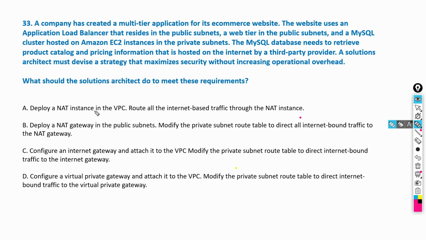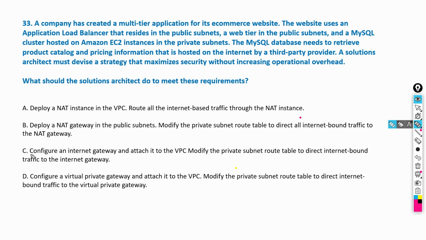See guys, this is a three-tier architecture actually. I'm going to show you one diagram. Okay, this looks good, but let's see the other options also. Option B, deploy NAT gateway in a public subnet, modify the private subnet route table to direct all outbound traffic to the NAT gateway. Okay, this looks more promising than option A.